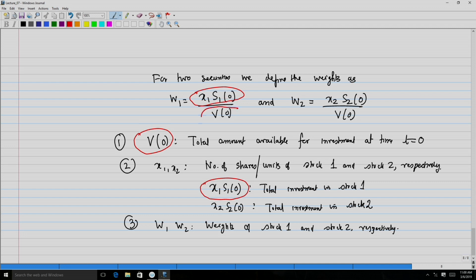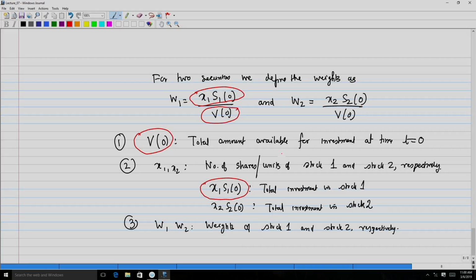So, out of an amount V0 that is available to you, you have decided to invest an amount x1 S1 0 in the first stock. That means x1 S1 0 over V0 is the fraction of your total money that you have invested in the first stock, and this is what is defined as the weight of the first stock.